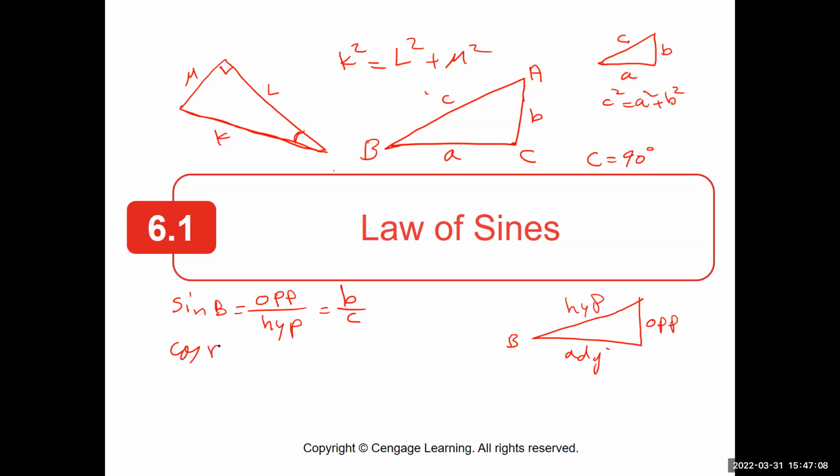Cosine B is adjacent over hypotenuse. Look at it: this is B, the opposite is here, the adjacent is here, and c is the hypotenuse. So the adjacent is a over c.